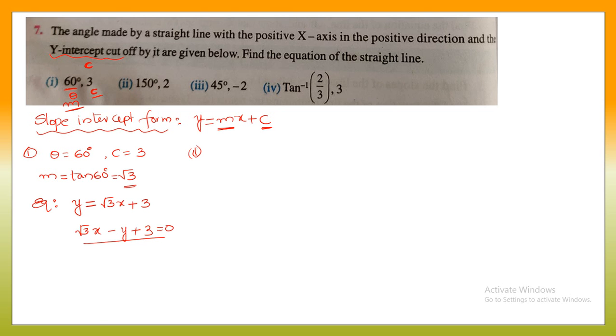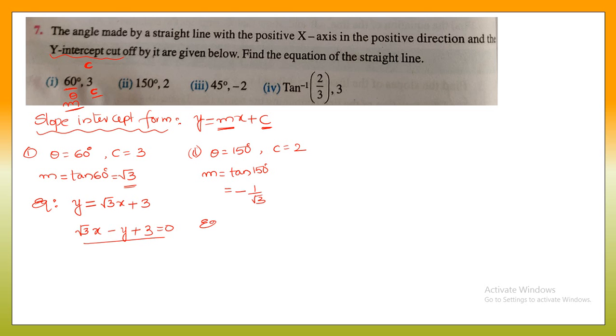Next, moving on to second bit. So what he has given, theta is equal to 150 degrees and c is equal to 2. So when theta is equal to 150 degrees, m is equal to tan 150. So tan 150 I can write as minus cot 60 degrees. So minus cot 60 is nothing but minus 1 by root 3. So already in the previous one we have found it out.